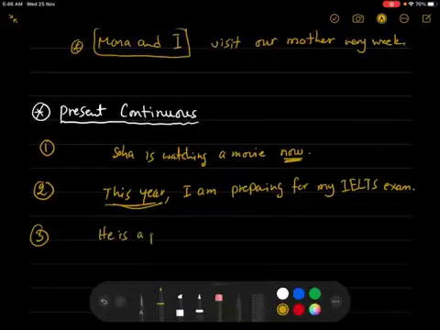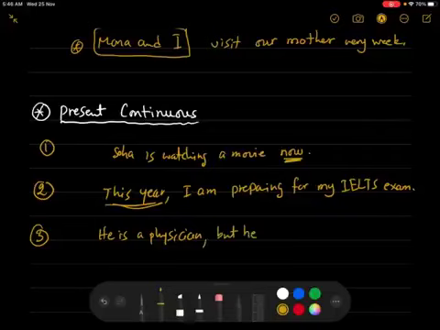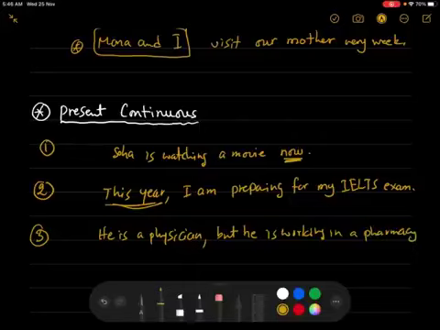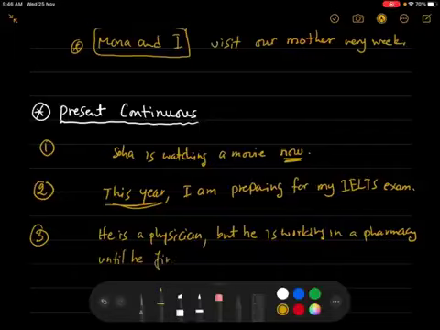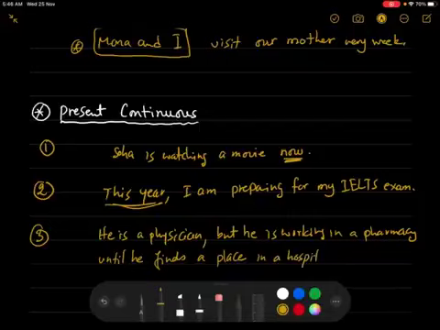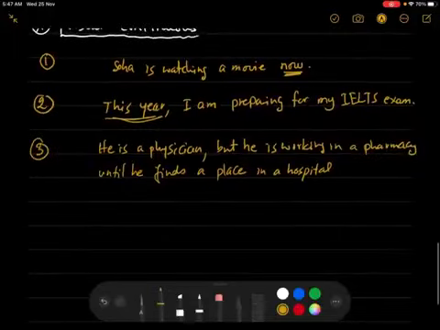We can say, he is a physician, a doctor, but he is working in a pharmacy until he finds a place in a hospital.